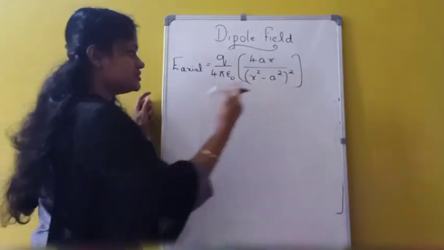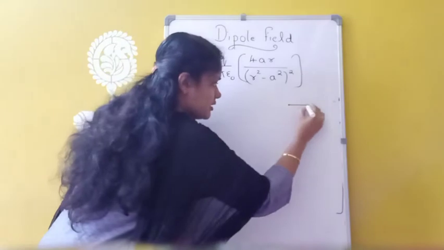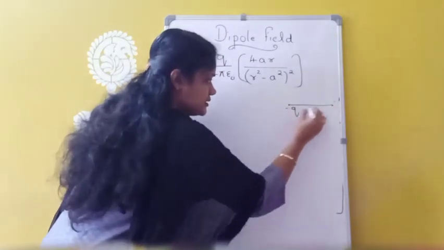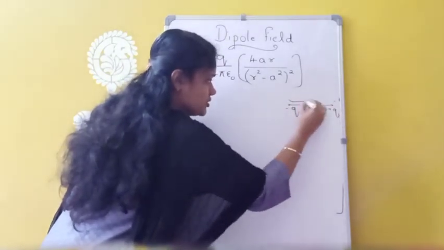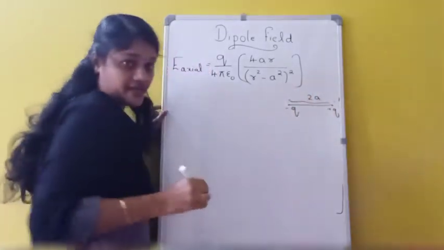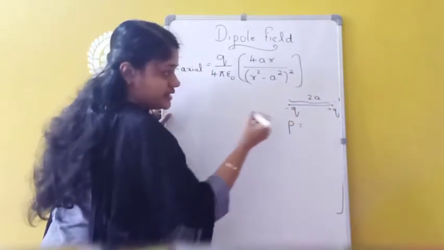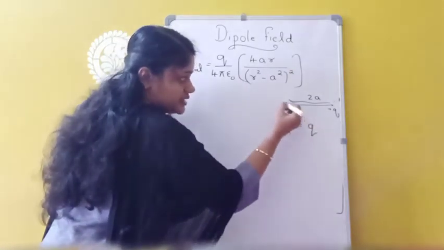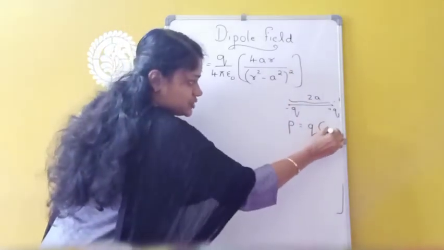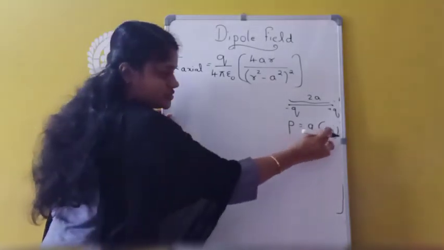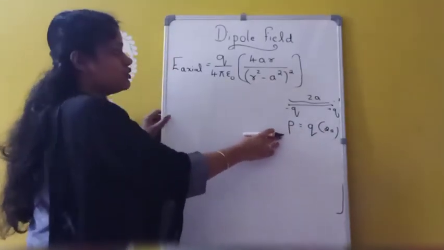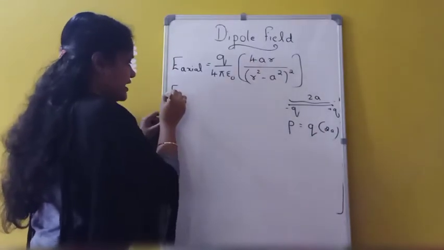Dipole means two equal and opposite charges separated by a short distance 2A, and dipole moment we already studied. Dipole moment P equals, how will you find? One of the charges into the distance between the charges, that is Q into 2A. So instead of Q into 2A, what can we write now? Dipole moment.